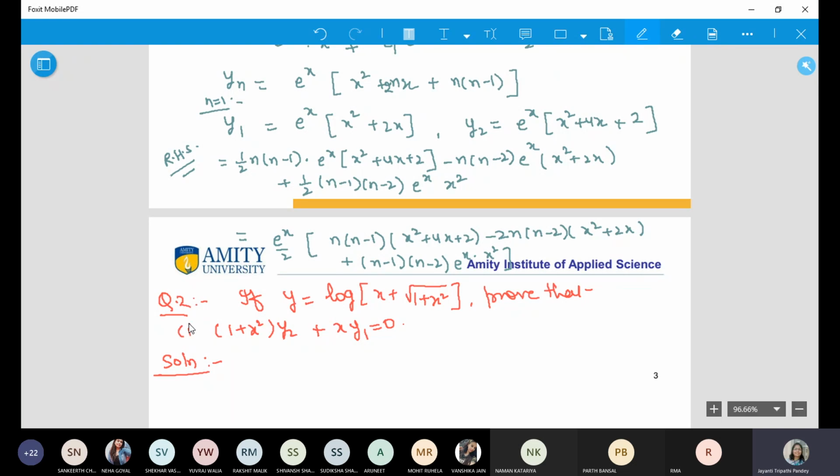This is first part and then the second part. This kind of question is asked in most of the papers and it comes for 8 to 10 marks.